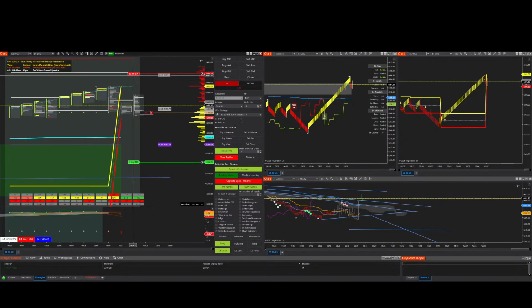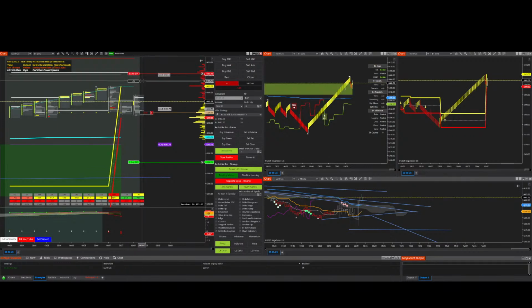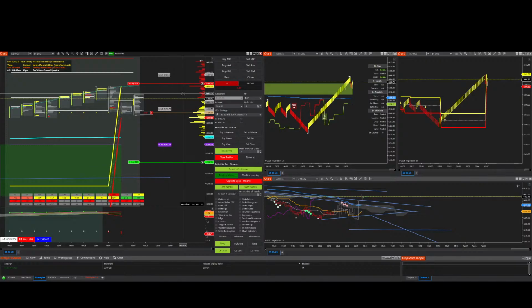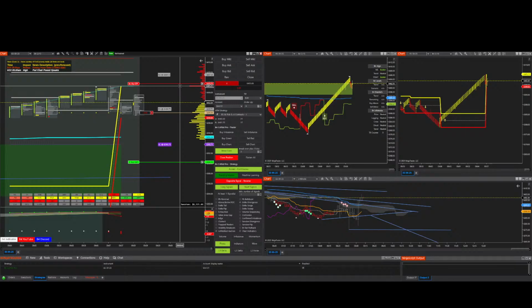Because I do have that opportunity that it may do that, I'm going to go ahead and pull that down a little bit. I got my L2 right there. Looks like we got a major seller with his eye on that particular level right there. I'm just going to start a little above that in case that's what's going to happen here.